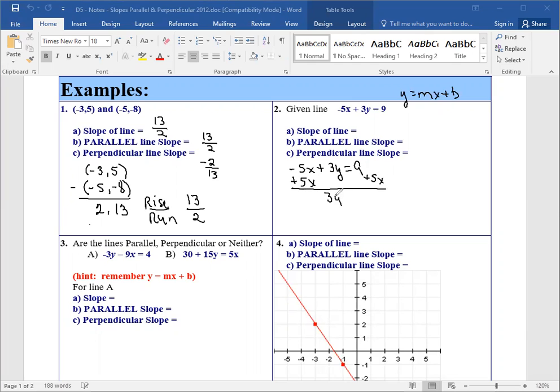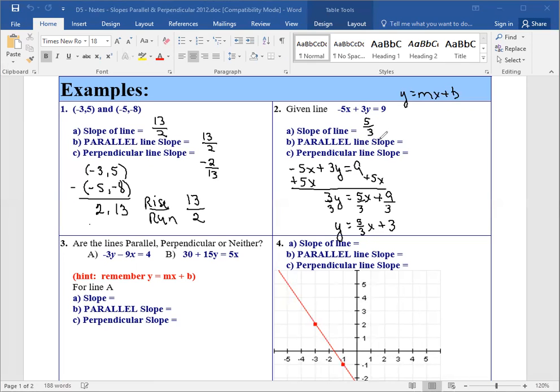That gives me 3y is equal to positive 5x plus 9. And when I divide by 3, I have y is equal to 5/3 x plus 3, since 9 divided by 3 is 3. So the slope, remember, is sitting right there in front of the x, and is just the fraction 5/3.